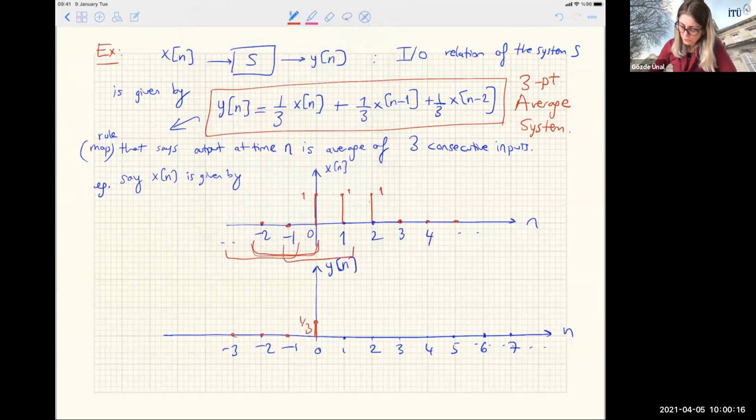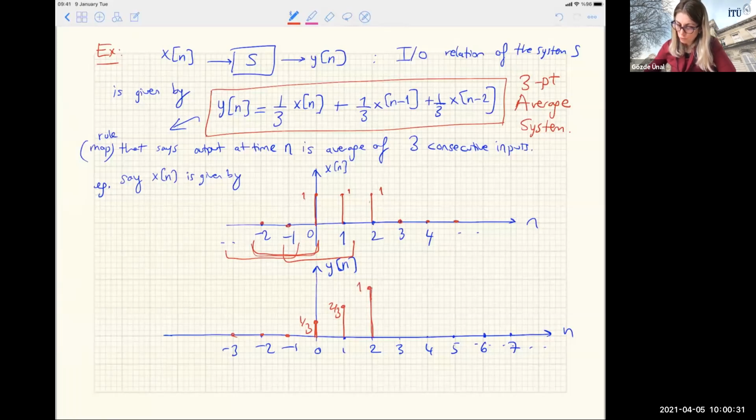Then it's gonna be 2/3 at 1. Then when it's averaging everybody together, it's really 1, right?